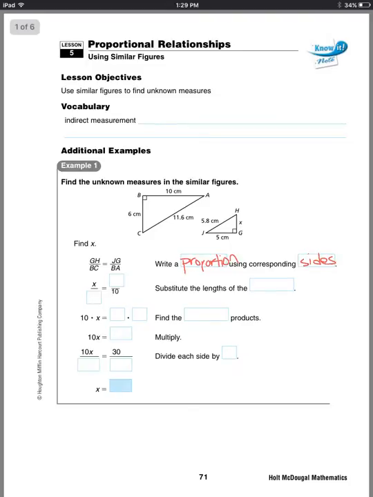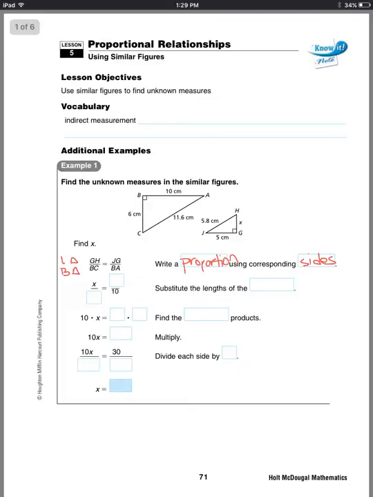So what we want to do is take a corresponding side from the big triangle and the little triangle. Now, I always say start with the little triangle. So we have the little triangle, that's what the L stands for, over the big triangle. I just do that because I just do.